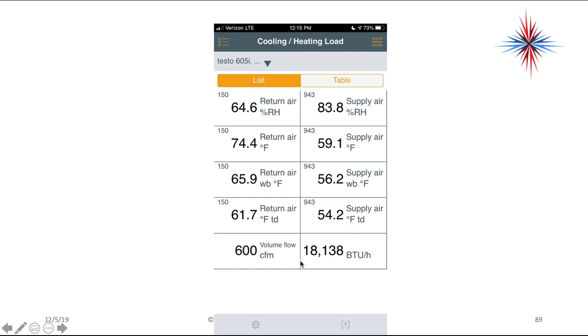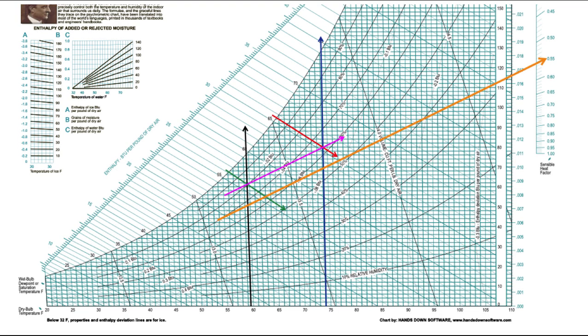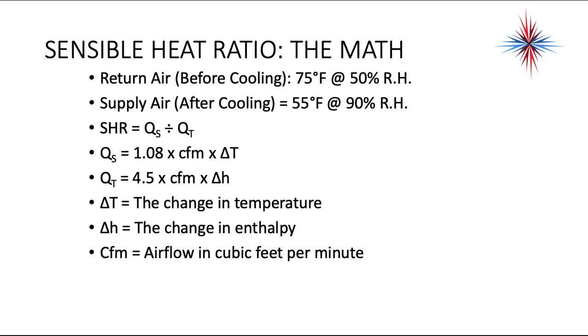Okay, there's a problem in the system, and I'm not going to go into it in this video, but this is how you use all these numbers to troubleshoot a system. Now, if you really want to do the math on this, you can. Now, I don't recommend it, but some people like doing things the hard way.